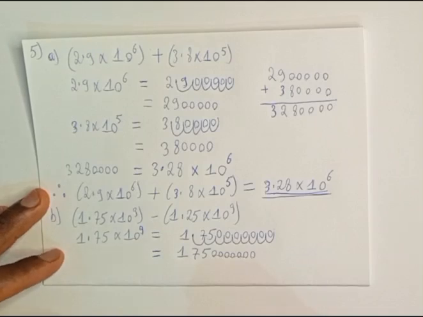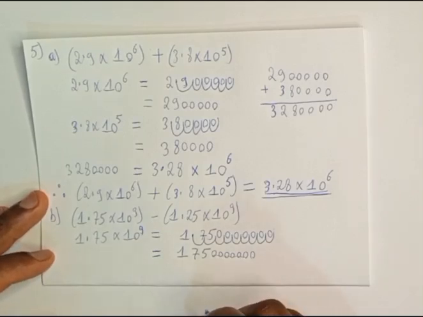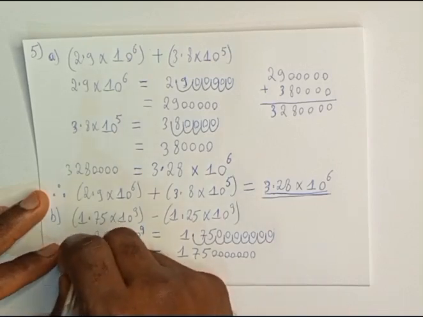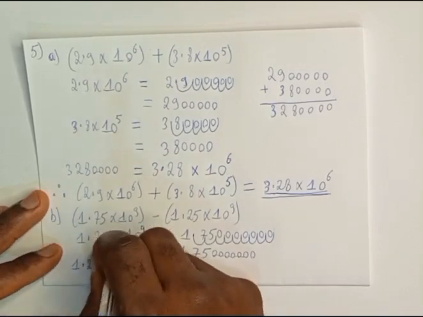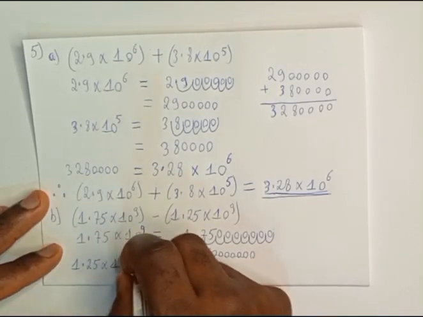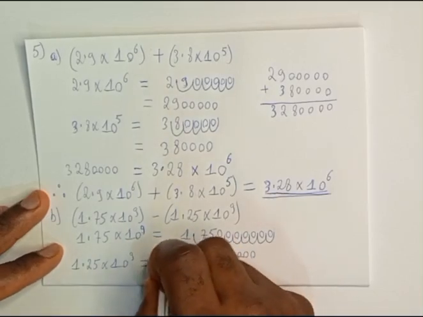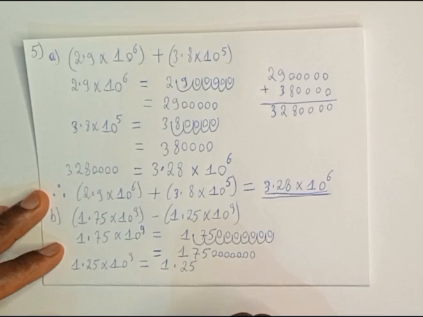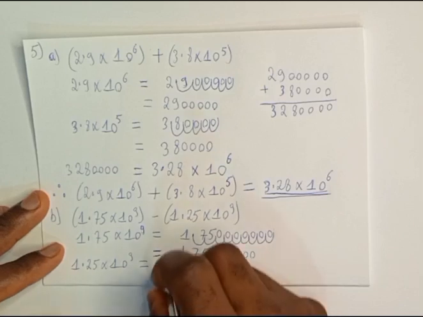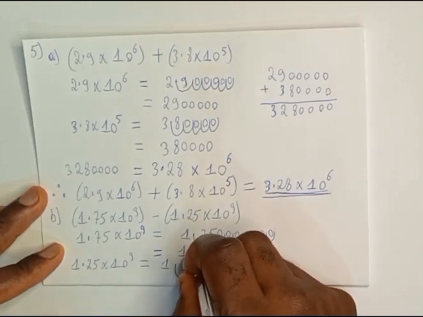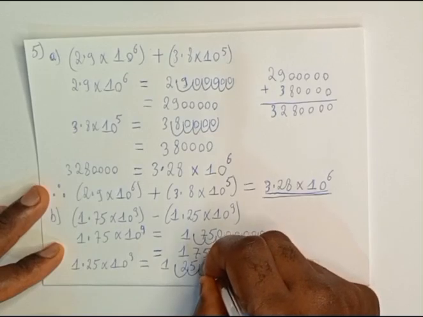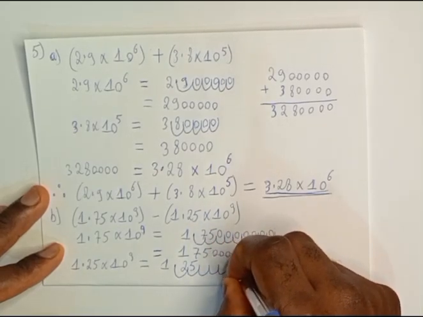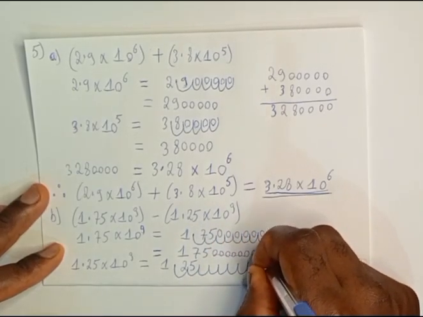Next, we have to express the number 1.25 times 10 to the power 9 in full. This will simply be equal to, we write 1.25, then we take the decimal point 9 places to the right. 1, 2, 3, 4, 5, 6, 7, 8, 9.